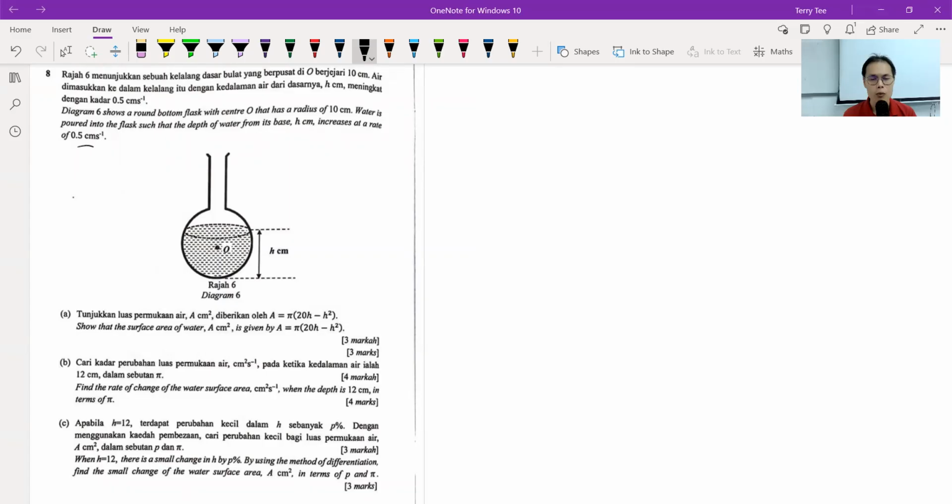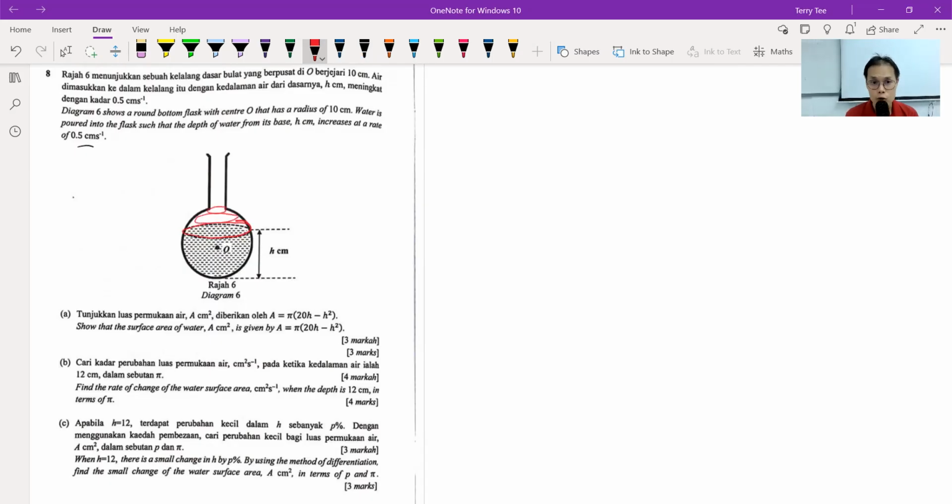Now we probably have to understand this better, so I'll draw a cross-section for you. The surface area of the water is a circle shape. When you increase the height, the circle becomes smaller and smaller.